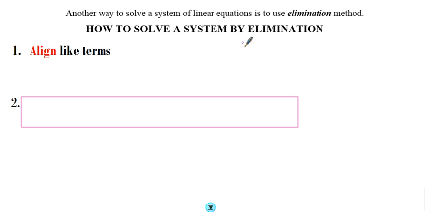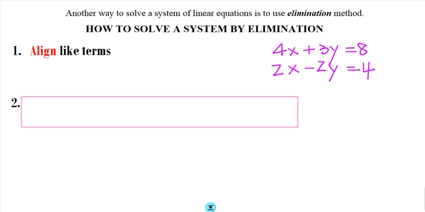So for example, if you have 4x plus 3y is equal to 8, and you have 2x minus 2y is equal to 4. This is already aligned.